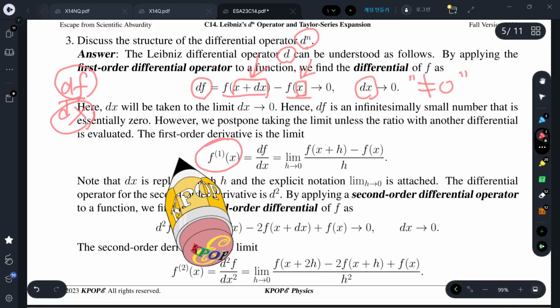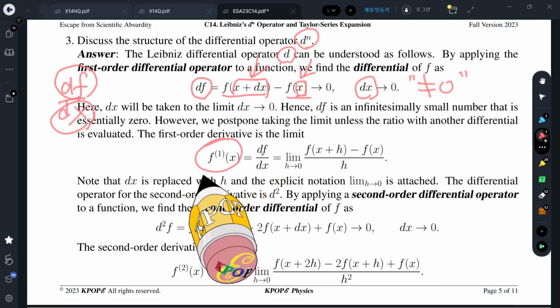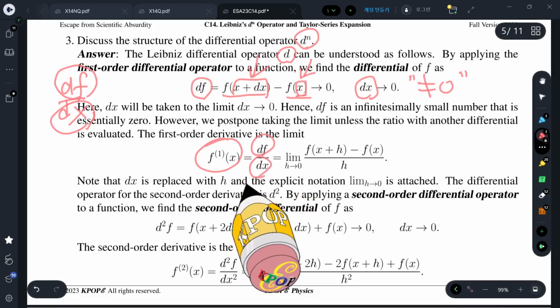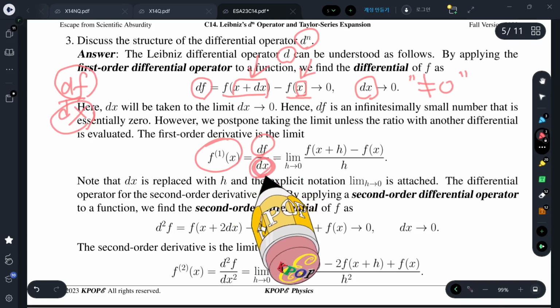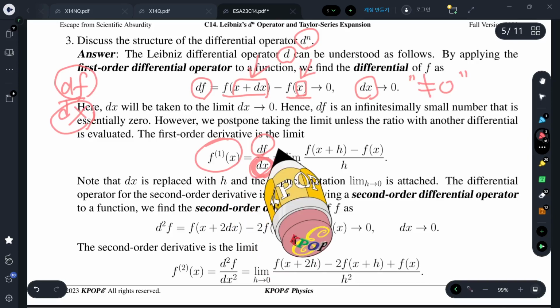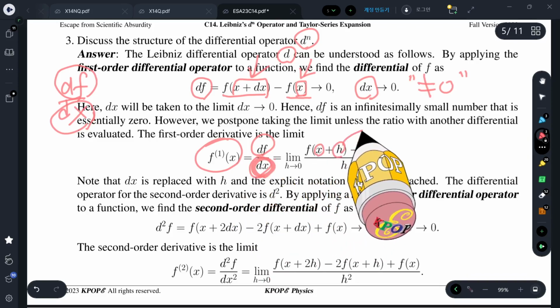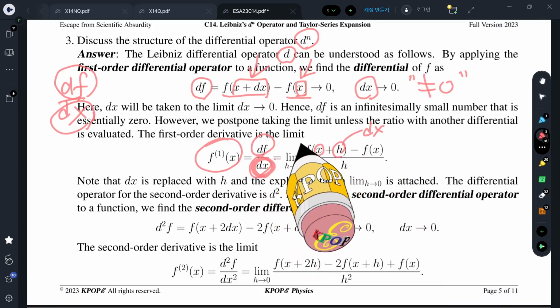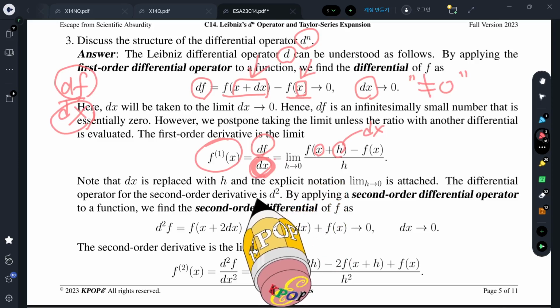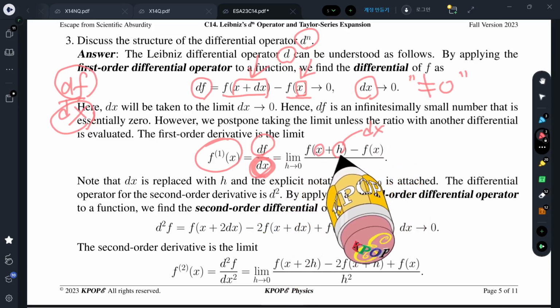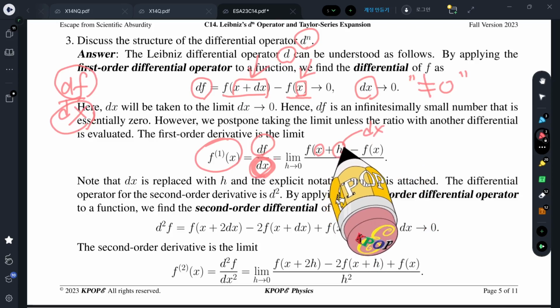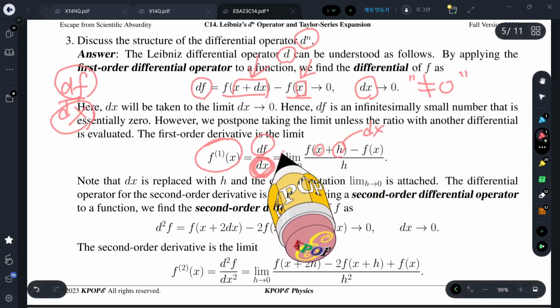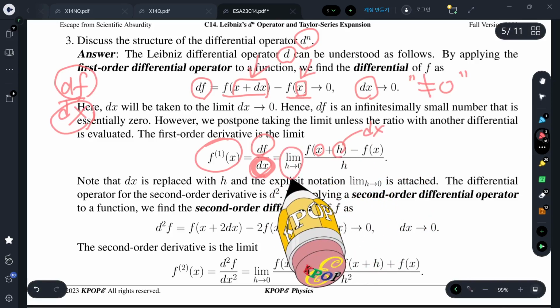In the computation of the first order derivative, we take the ratio and we have dx in the denominator. So we have shifted this by dx. But for convenience, if I write this with the limit symbol, I replace this dx with a finite h and then take the limit that the finite value approaches an infinitesimally small number.